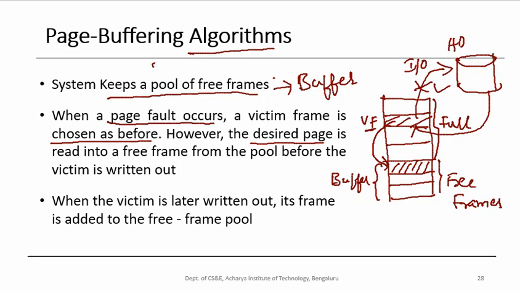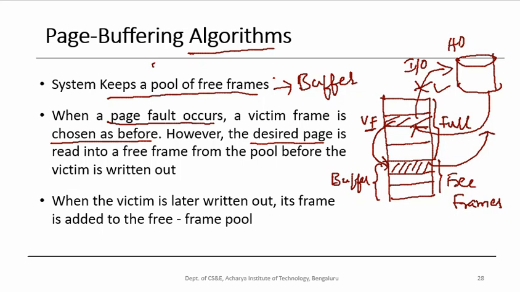That will bring down the overall time, and later this page can be written onto the hard disk, and this frame can be returned to the list of free frames.